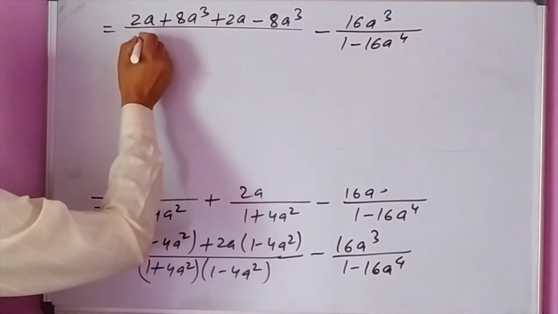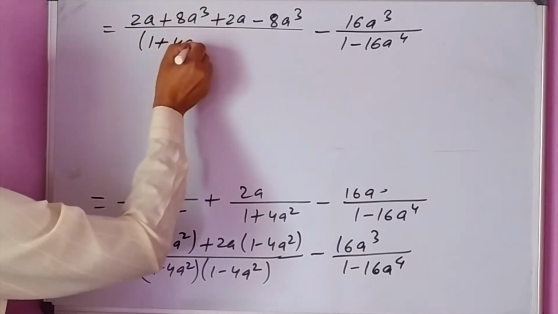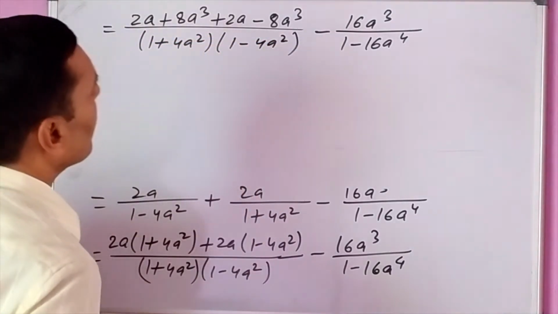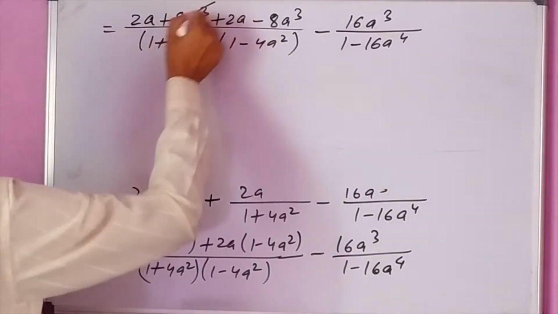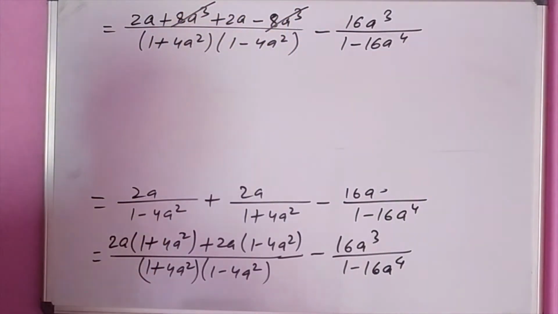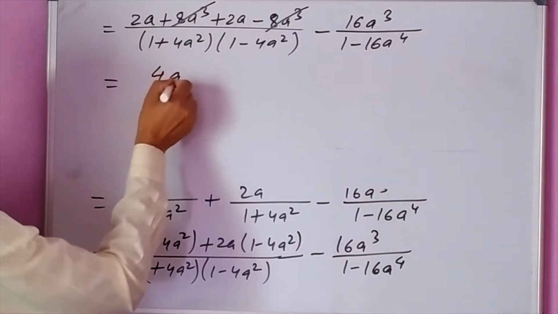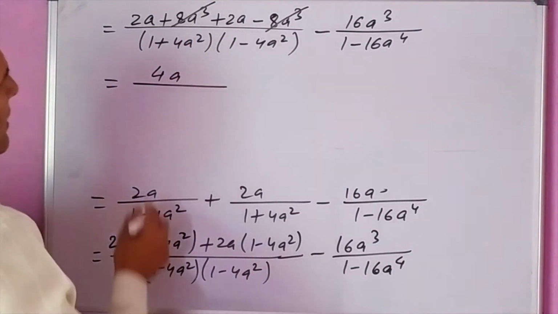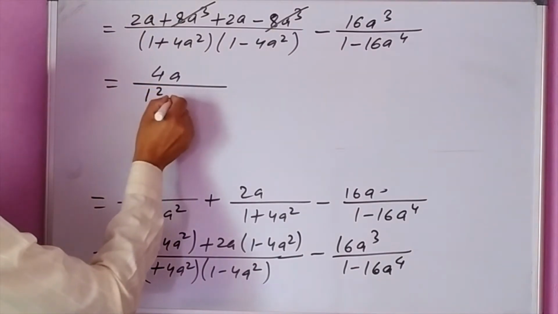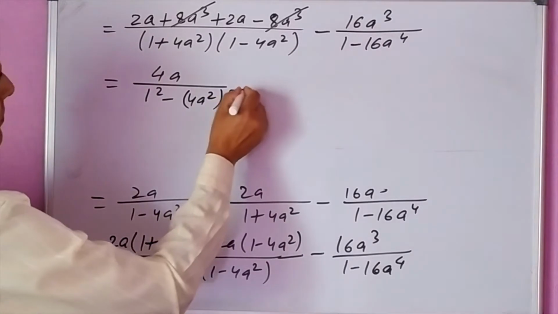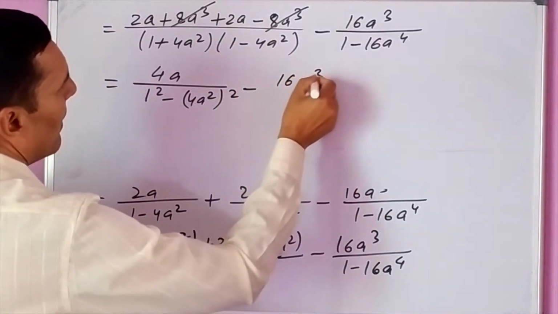We have the denominator here 1 plus 4a square times 1 minus 4a square. Now look at this, plus 8a cube minus 8a cube cancel. So 2a plus 2a, 4a upon a square minus b square. And the last term stays as it is.